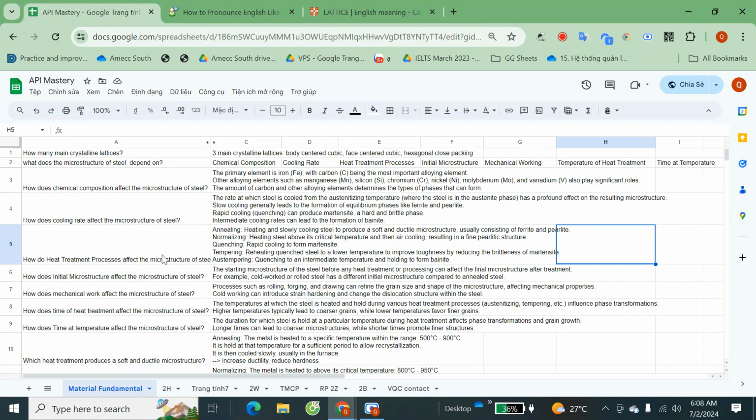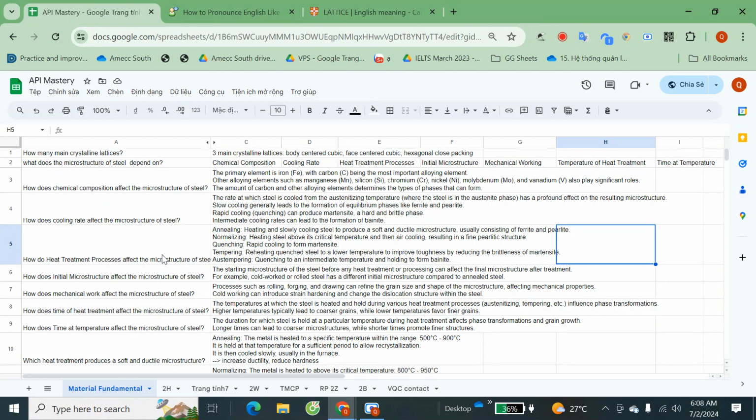Normalizing. Heating steel above its critical temperature and then air cooling, resulting in a fine pearlitic structure. Quenching. Rapid cooling to form martensite. Tempering.